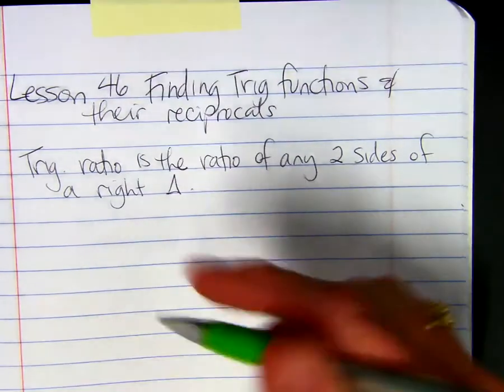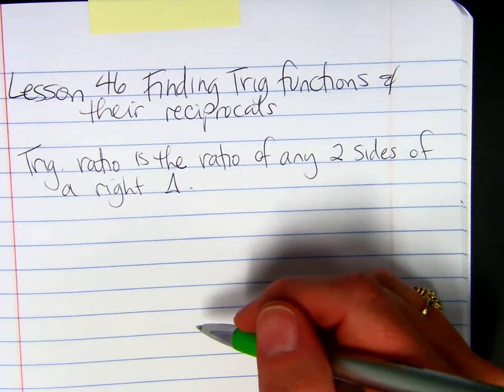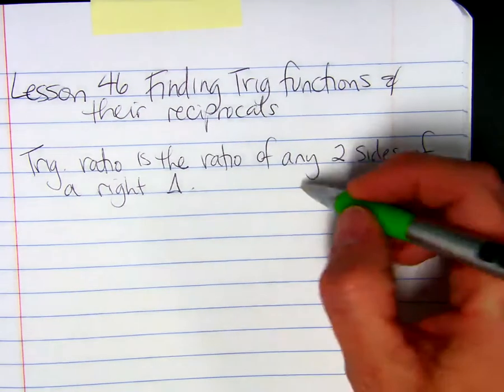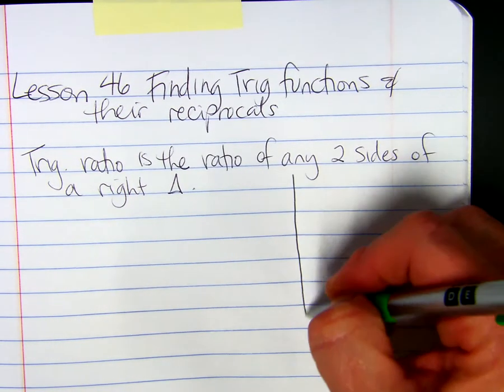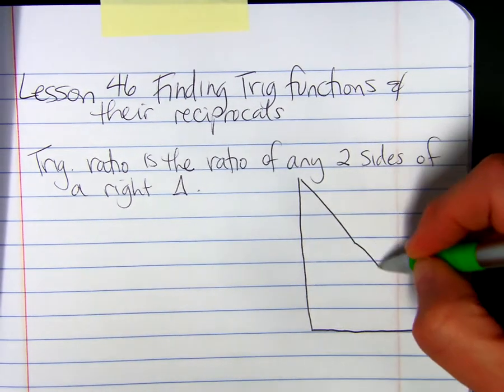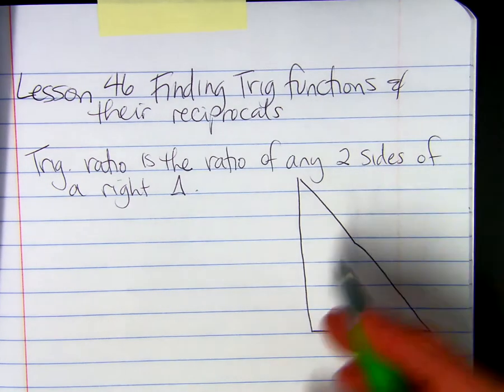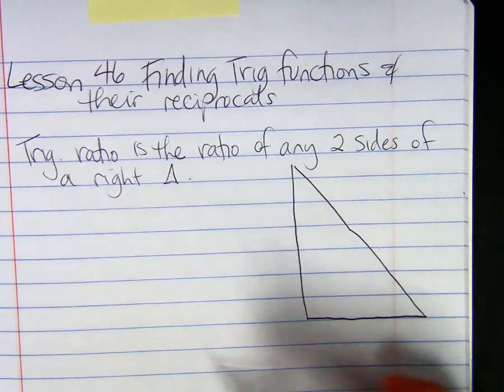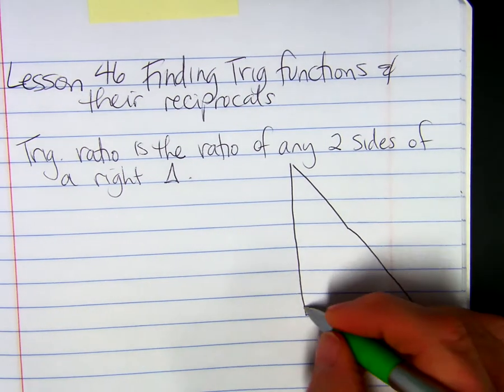In a right triangle, we have two legs and one hypotenuse. Depending on which leg you use, or in what order you use it, the ratio would be called certain names.